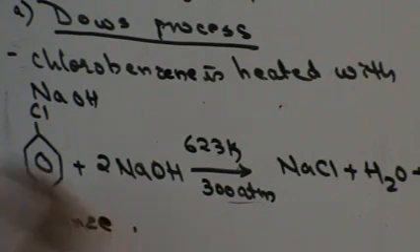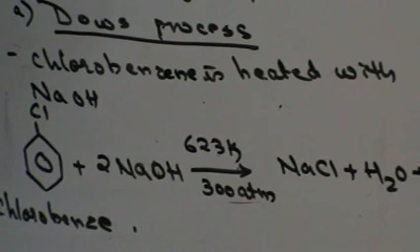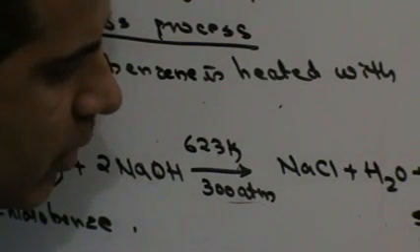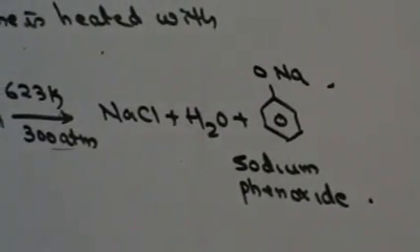Chlorobenzene reacts with sodium hydroxide to give you sodium phenoxide. The sodium phenoxide so formed then reacts with hydrochloric acid.